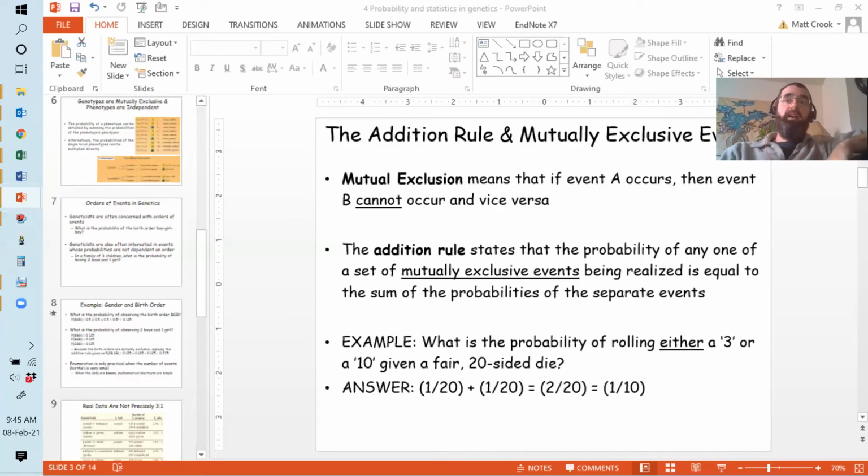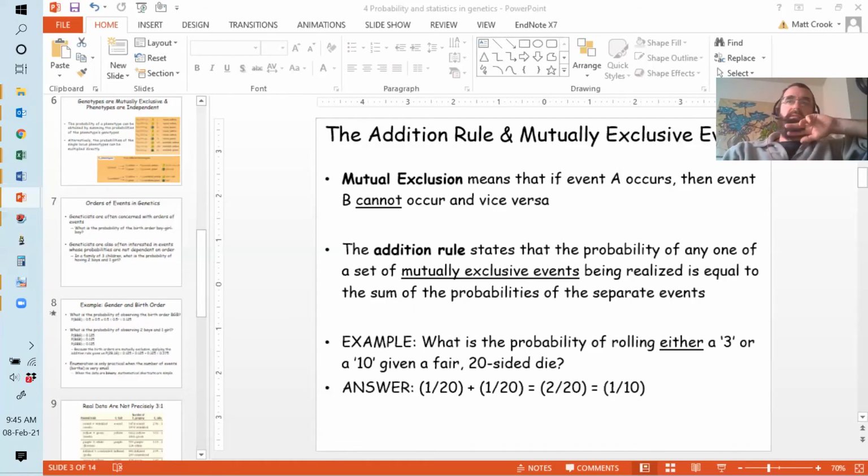Okay, so now we have 3 events, but we now have different combinations of those events, right? So how many different ways can you have two boys and a girl, if you think about it in terms of order of births? I'll give you one, for example. It could be boy, boy, girl.